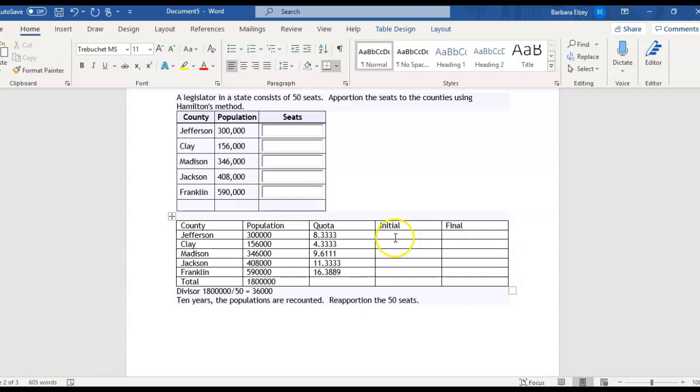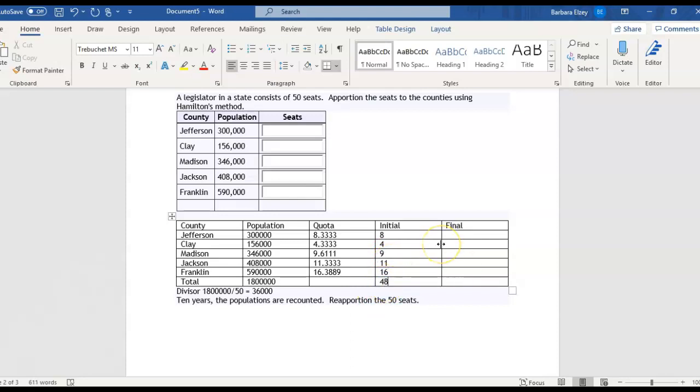All right, so let's remember we're using Hamilton's method, so we just drop the decimal portions. We're going to have 8, 4, 9, 11, and 16. And if we add those up, that's 12, 21, 32, 48 seats.